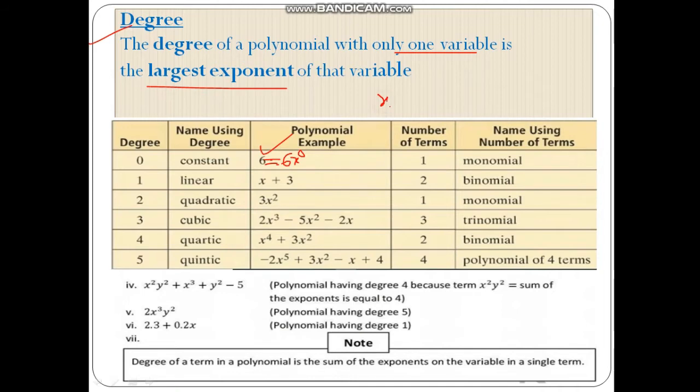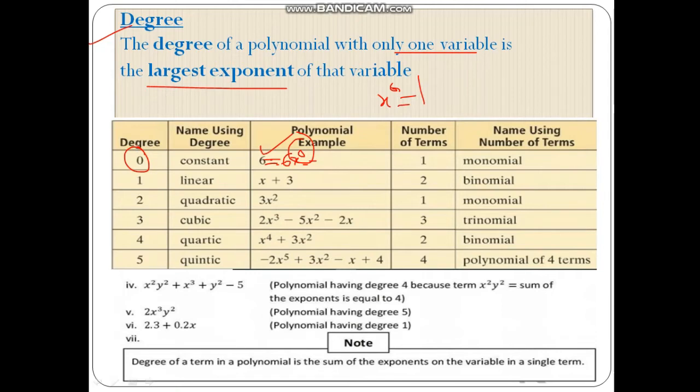As we know that x raised to the power 0 is equal to 1, so it will again be equal to 6. Here you can see that one variable is there and the power of the variable is 0.